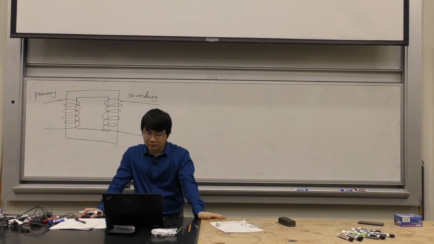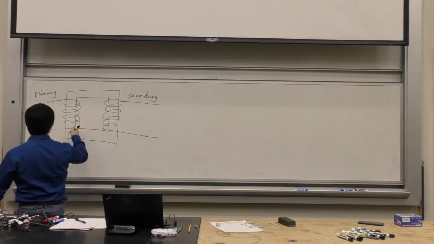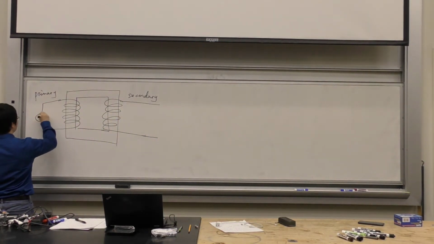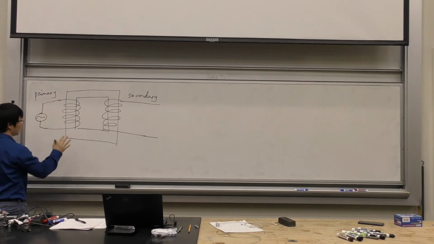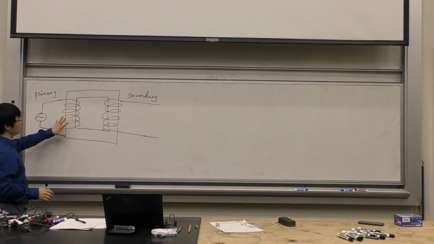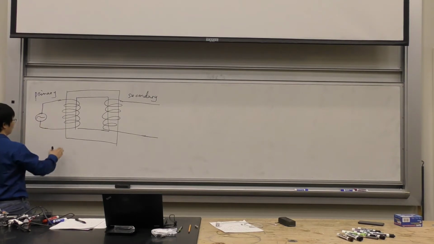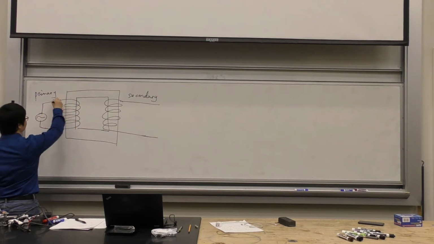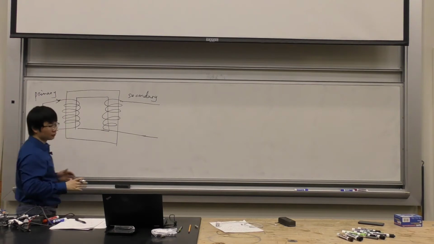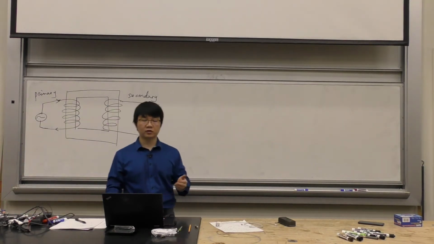The idea is this. Take a look at the second slide. We use EM induction. If this is connected to an AC voltage source, that's the reason we use AC, of course there's going to be current here. But the current is also AC, so it's changing all the time.